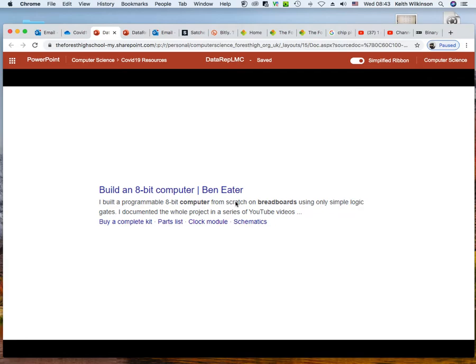They use chips that you stick in holes and join together with wires, and you can put LEDs, that's little lights, on, etc, using only simple logic gates, and he's documented the entire project. I do not recommend that you watch any of his videos, but if you're the kind of person who thinks that's really geeky, it's something you want to do, even I've never done this, I would love to, but I think I'd need about 2 years to sit down and actually look at it all.